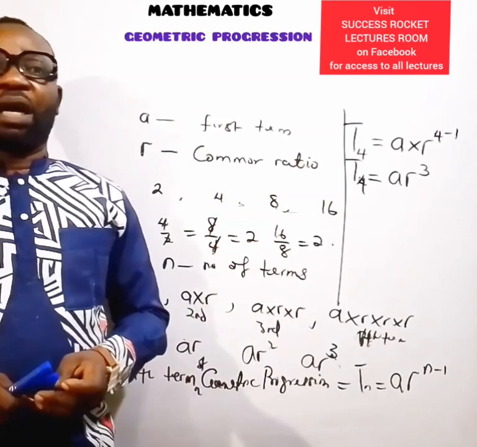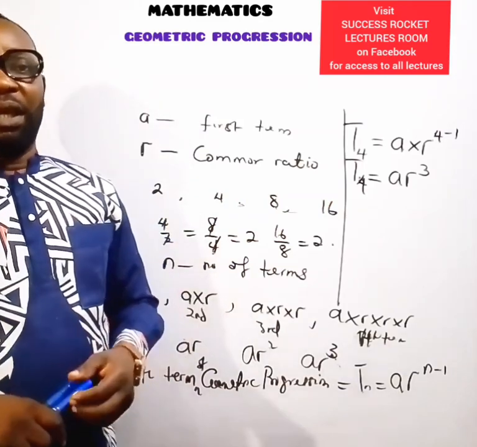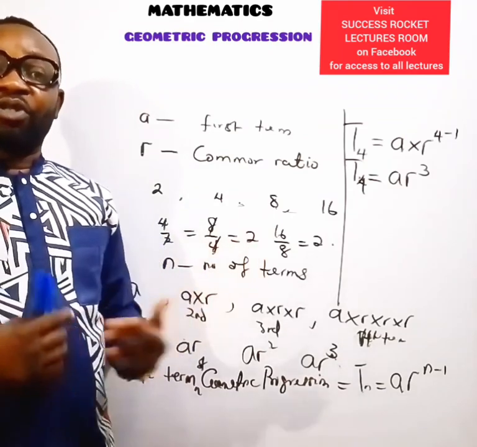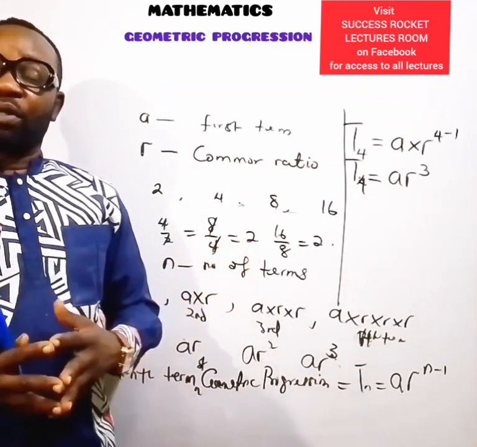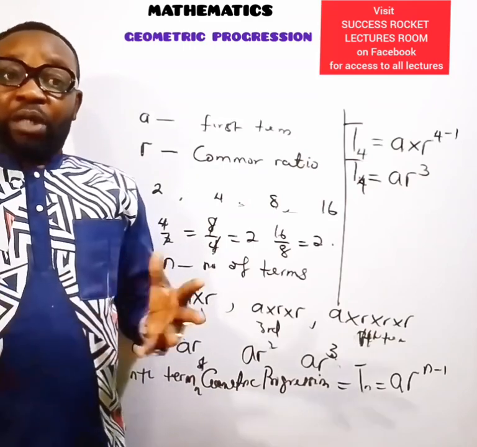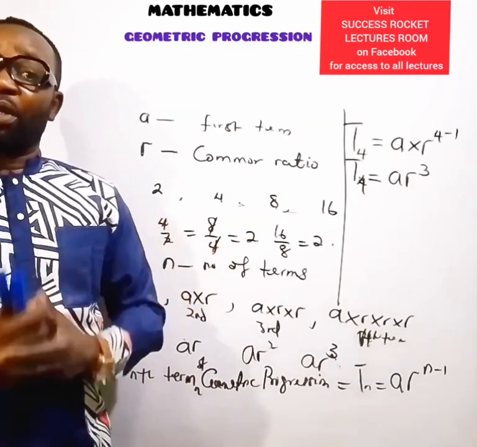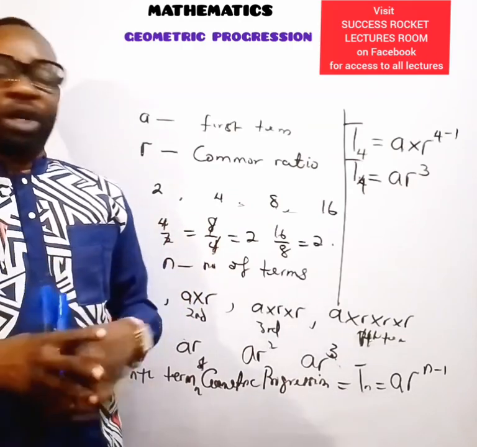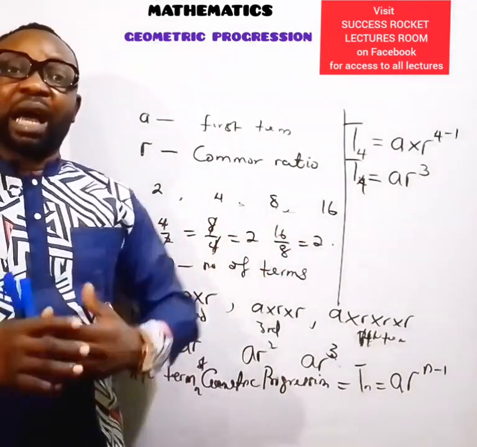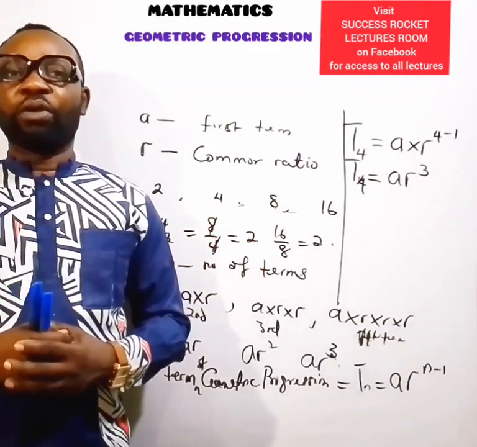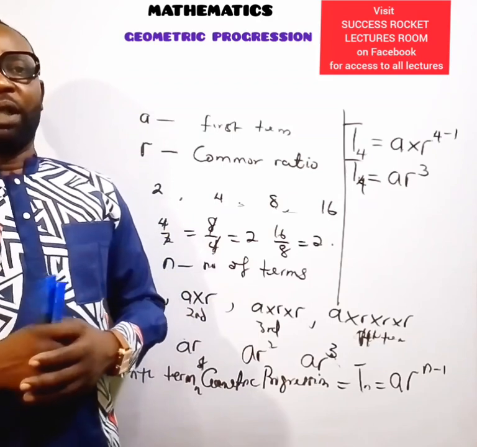We'll also be looking at how to find the terms in the geometric progression. We can be asked to find the number of terms, the common ratio, or the first term. We can as well be asked to find a particular term, which we'll be looking at how to solve in the next set of questions right away now.